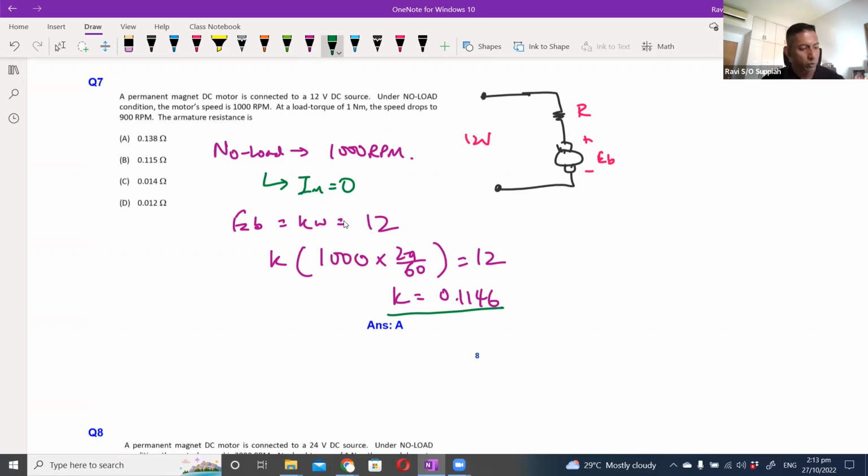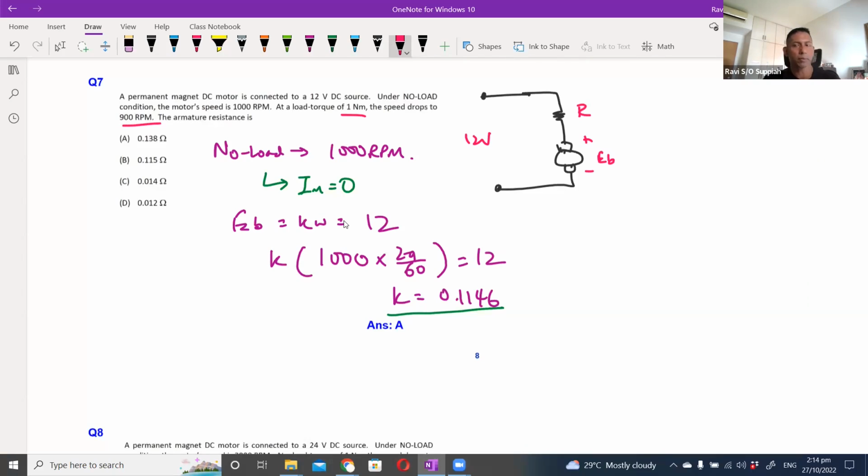Okay, so next you want to find the resistance. And to find this resistance, you must have a case where current is flowing. So that is why we now have the second scenario, which is we have a load torque of 1000 Newton meter and the speed drops to 900 RPM.